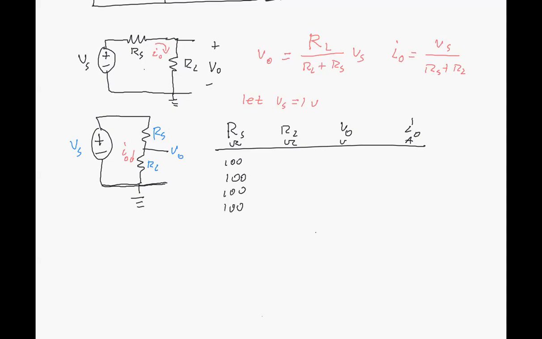And then for values of RL, we could have the short circuit case, 0. We could have 100 ohms on the load, 100K, big load resistance, or infinite. So by this, we represent the SC case, the short circuit.